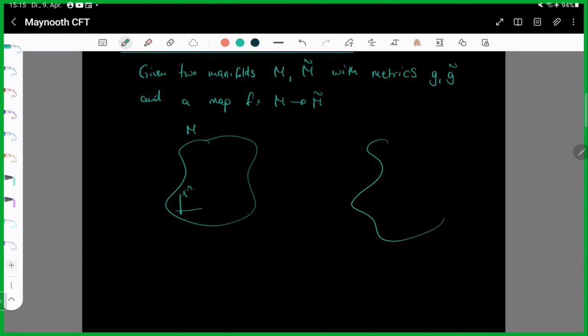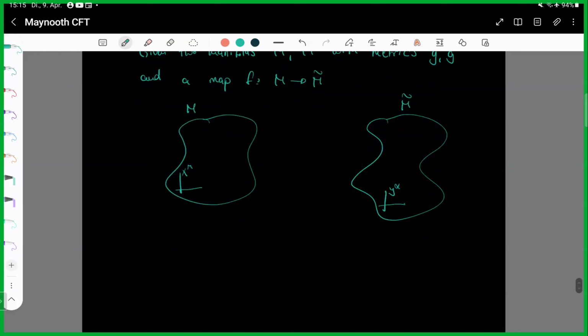And then you have some other blob, that's the manifold M twiddle. And on this manifold, you can install a set of coordinates y^alpha. These don't need to have the same dimensionality, but for our purposes, it's actually going to be the same manifold. But for now, let's keep it general. And I said there's going to be a map F.